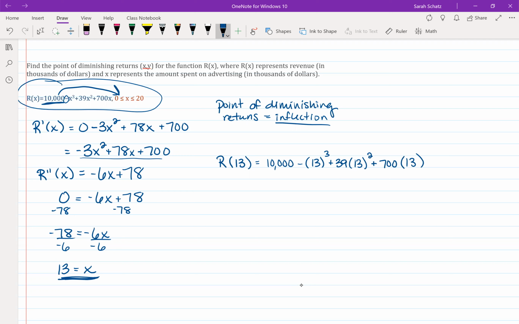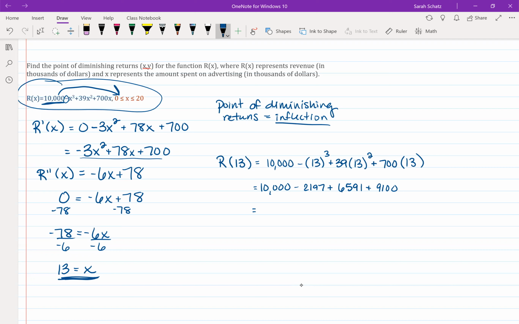So let's do all this. So I have 10,000 minus 2197 plus 6591 plus 9100.